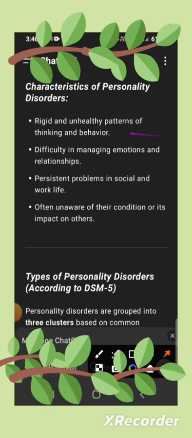Rigid, unhealthy patterns of thinking and behavior, difficulty managing emotions and relationships, persistent problems in social and work life, often unaware of their condition and its impact on others.